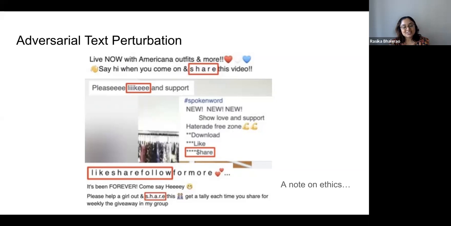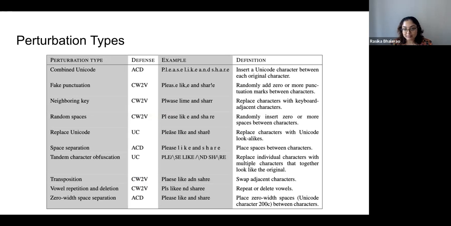Okay, so here are some common perturbation types that we compiled. This one at the top, combined Unicode, is where we put any Unicode character between the letters of a word. So here we've alternated a period between each letter of please, like, and share.